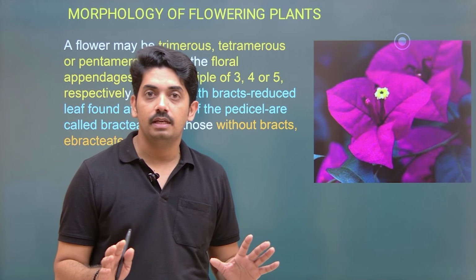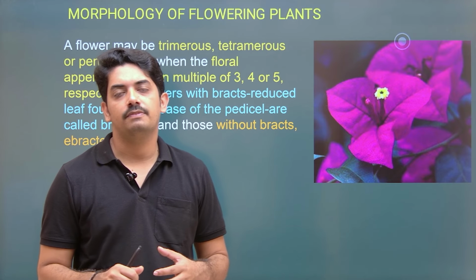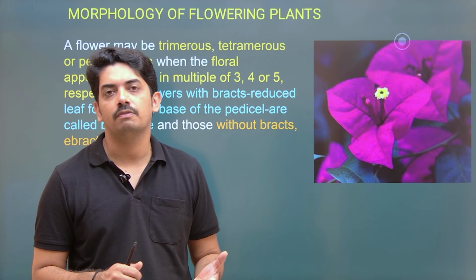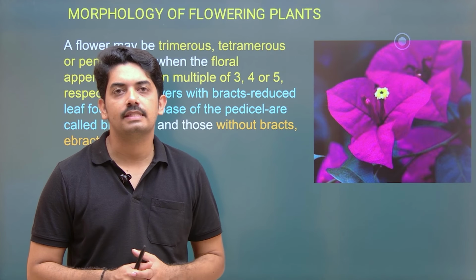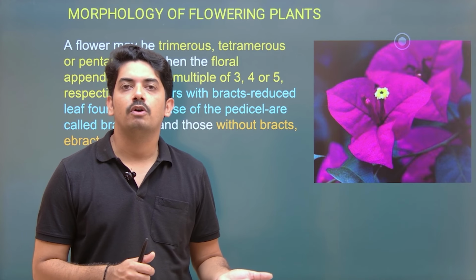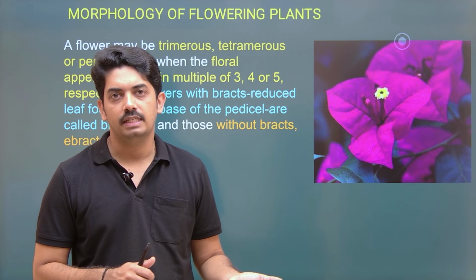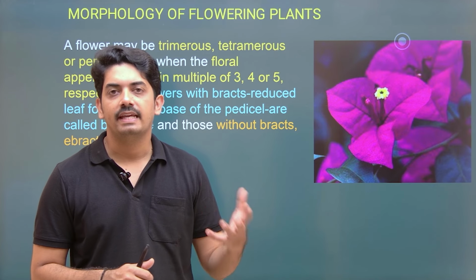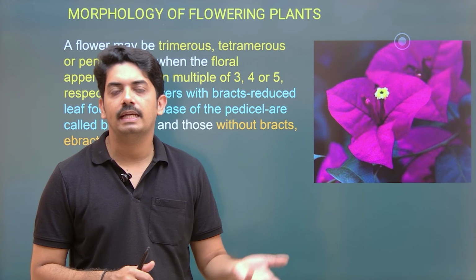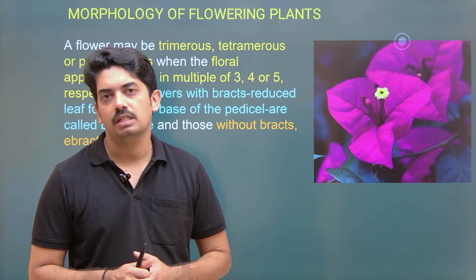It may not be so in all cases. Sometimes if they have 2 whorls with multiples of 3, then we can say it is trimerous. Similarly for tetramerous, it is 4. Similarly in the case of pentamerous, it is multiples of 5: 5 calyx, 5 corolla, 5 androecium, 5 gynoecium, then it is called pentamerous flower.